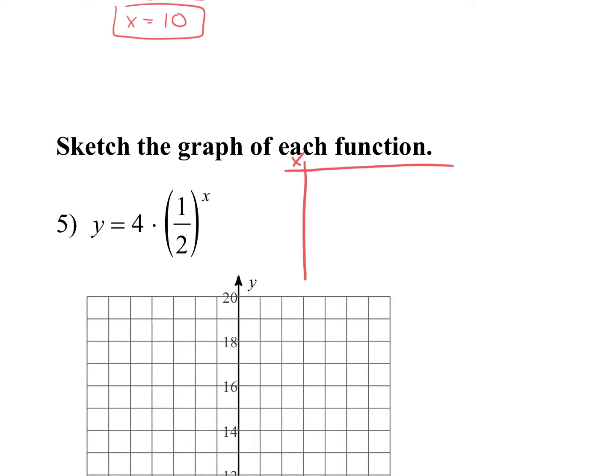So one way that we can tell if our graph's going to decay or grow, so if it's going to have exponential decay or exponential growth, without graphing it, is we can always just look at the number that x is the exponent of. If that number is less than 1, then it's decay. If the number is greater than 1, then it is growth.